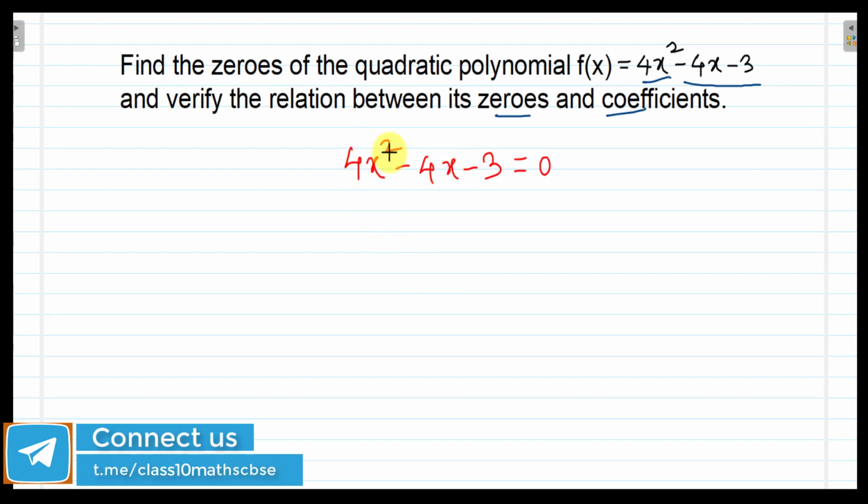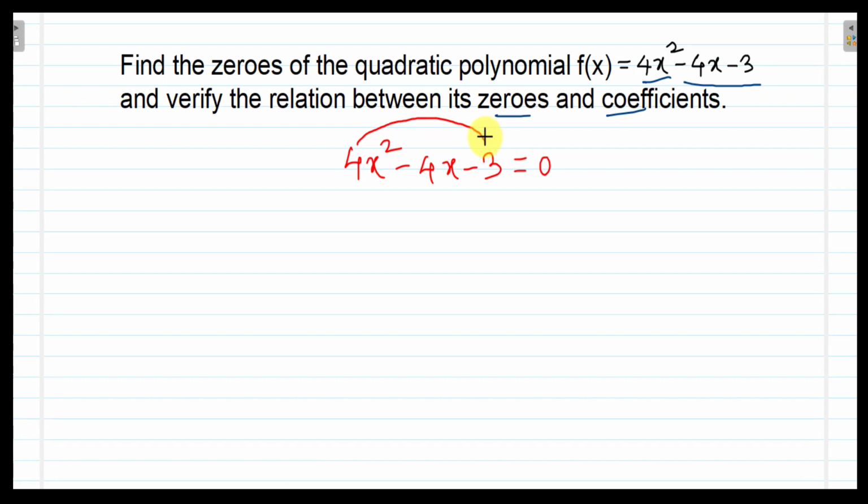Now friends, to split the middle term, we take the product of A and C. So it will be minus 12. We have to search for two numbers whose product is minus 12 and sum, that is the middle term, is minus 4. Since the product is negative, one number will have a positive sign and the other a negative sign.